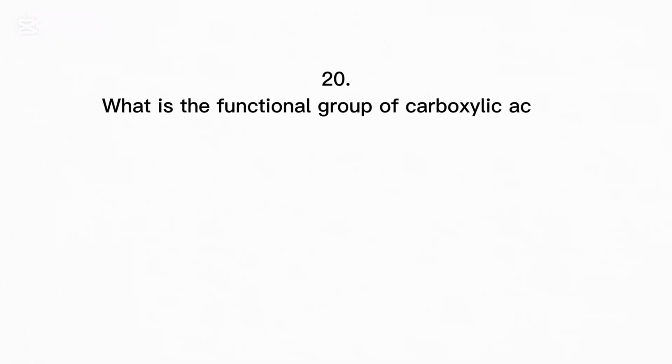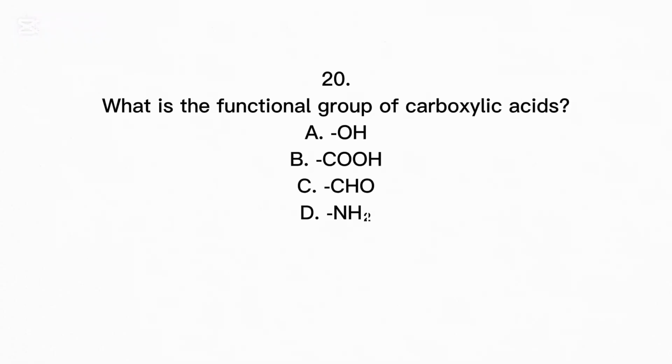Question 20. What is the functional group of carboxylic acid? A, OH, B, COOH, C, CHO, D, NH2. Let's first of all know what a functional group is. The functional group is the active part of a compound. It determines how the compound behaves in chemical reactions.